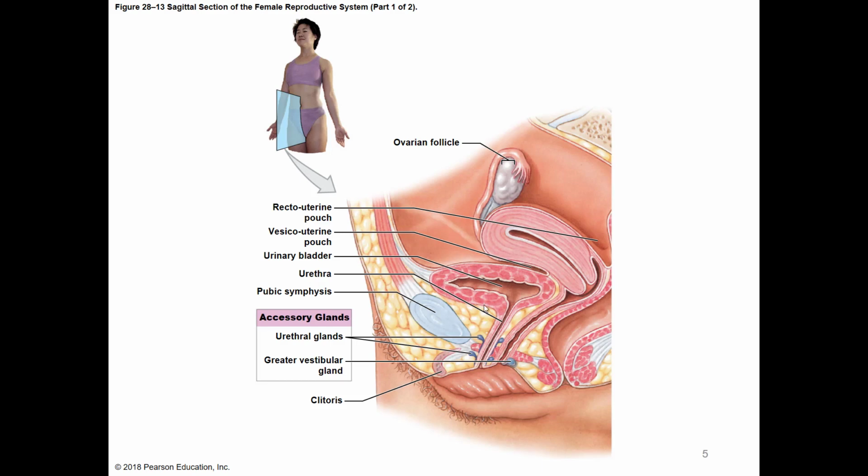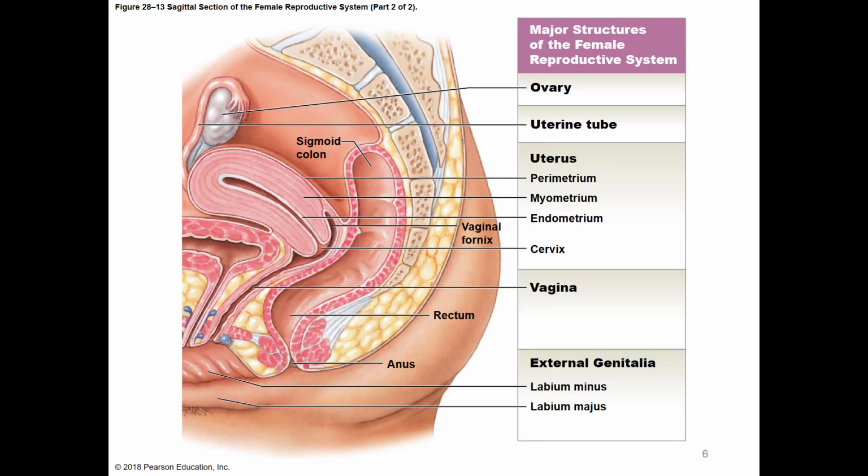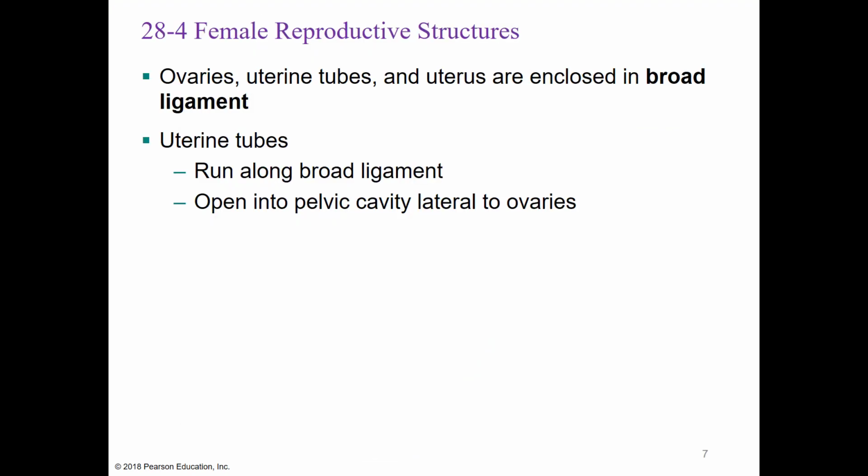In the female, we can see the bladder and then the urethra, which is entirely separate from the uterus, cervix, and vagina. So let's start going through some of the individual parts of the female reproductive system, and then we will talk about the cycles.